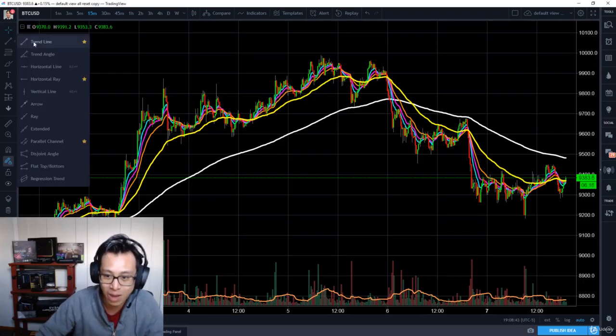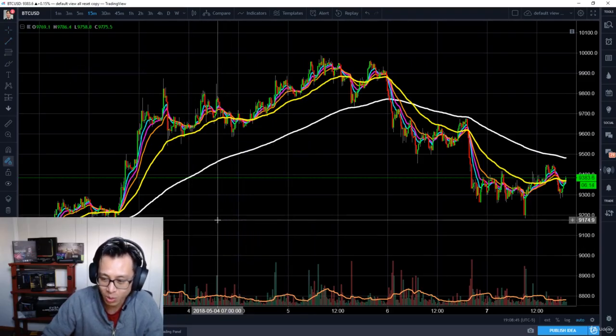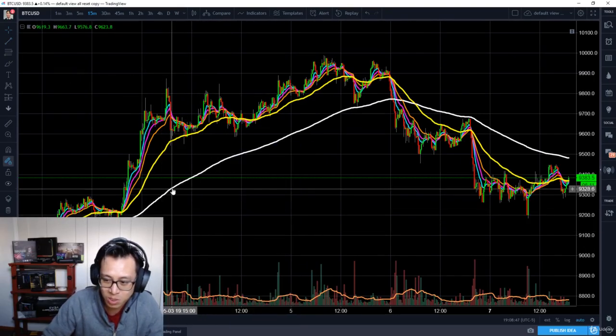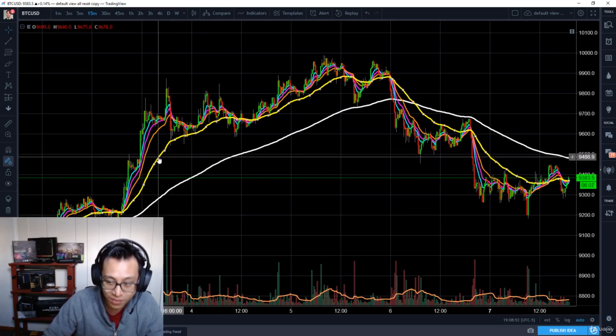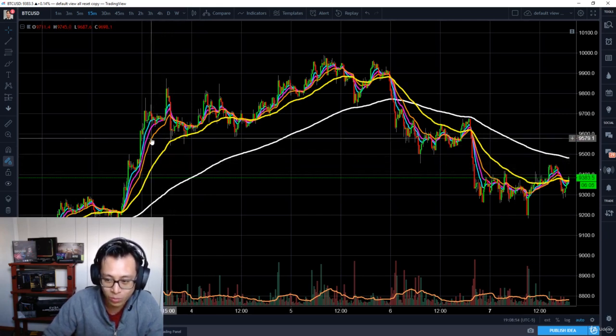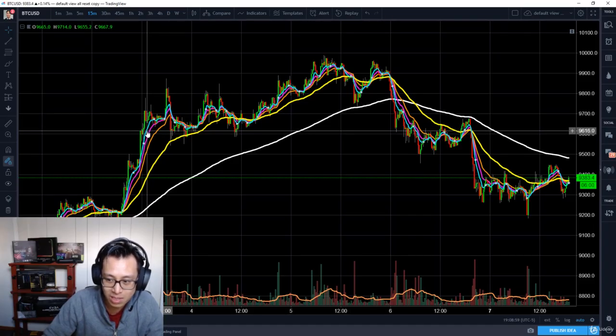So let's get into how they actually look. If you guys notice right here on an uptrend, we see the bigger number, 200, and above it the 55 moving average, and then the 21, and then the 13, and then the 8.